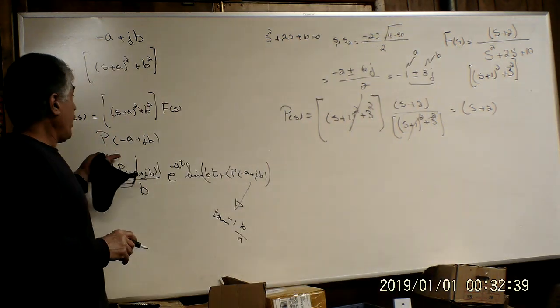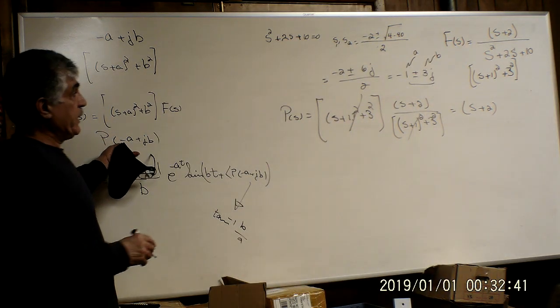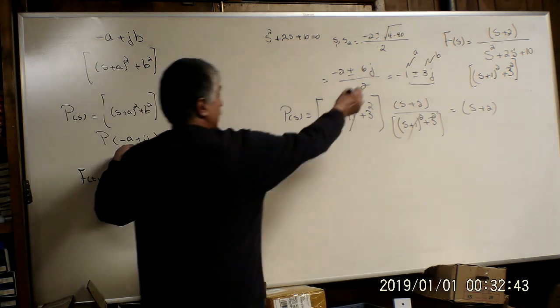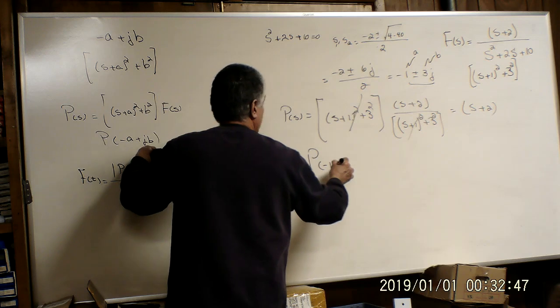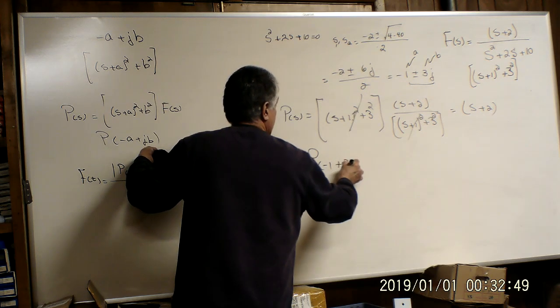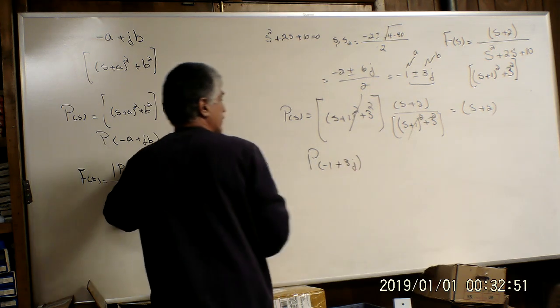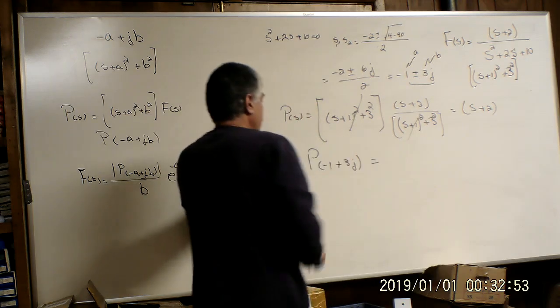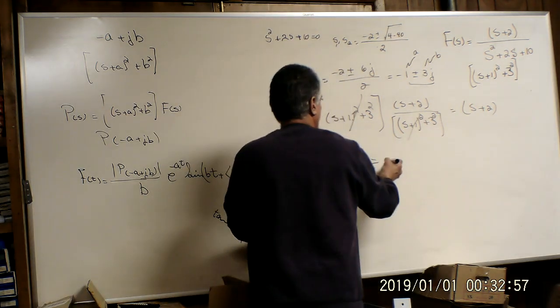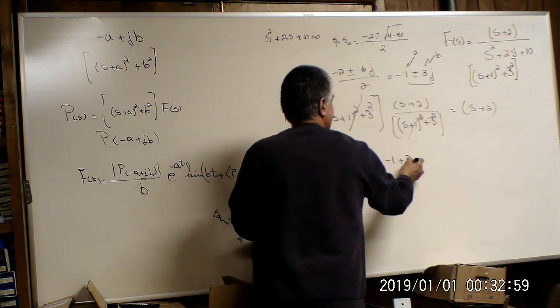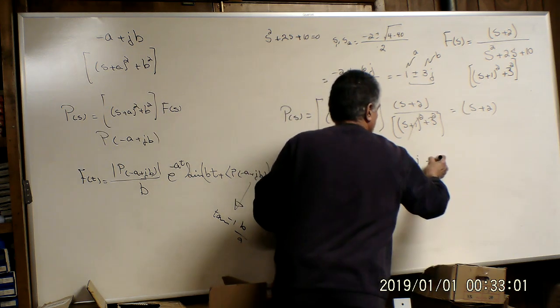Now we have to find P(minus a plus jb). That means P(minus 1 plus 3j) will be equal to, we have to put s equal to minus 1 plus 3j, plus 2.